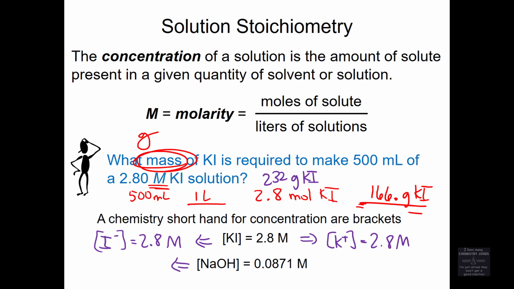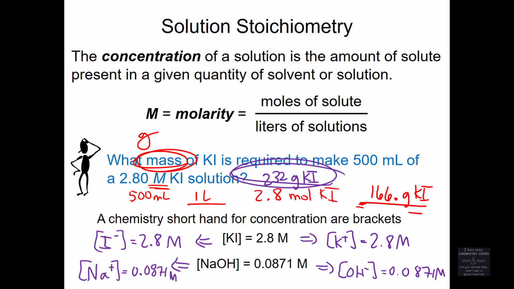We can make an assumption that the concentration of sodium ions in this bottom solution is the exact same because they're all 1-to-1, and the concentration of hydroxide is the same, 0.0871. If we had a different kind of ratio, we would have to take that into account, and we will see that. Okay, remember this 232.